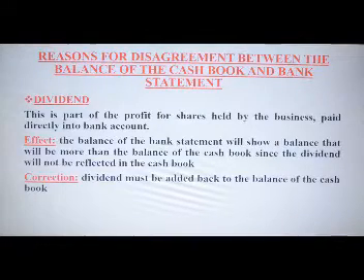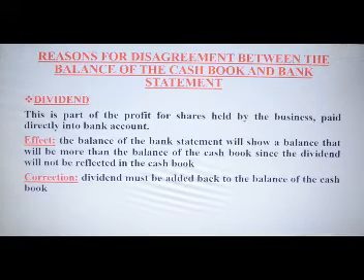This is a reason why bank statement and cash book also disagree. Our dividend is part of the profit. It's a reward for shareholders, reward for shares. Now when a business is holding shares in a company, the company usually works with their account. They don't really give them dividends in hand, they transfer to their account.